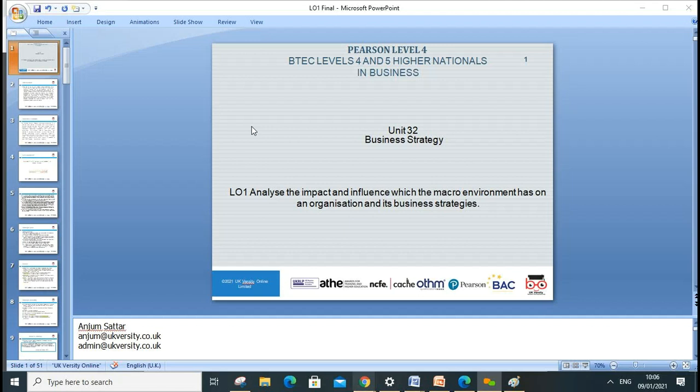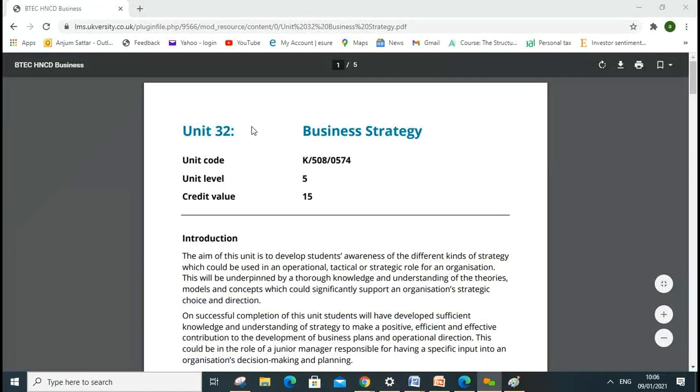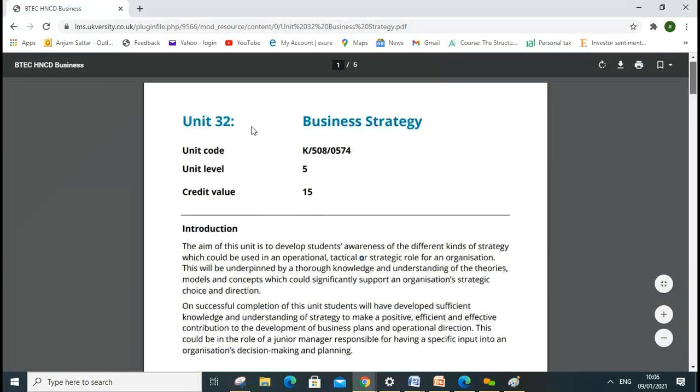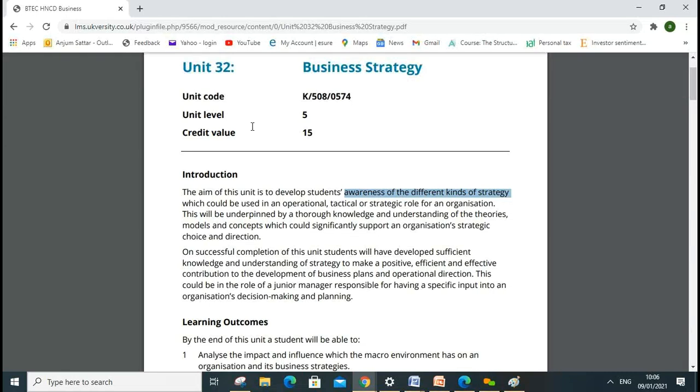If we look at the content of this unit, the aim of this unit is to develop student awareness of different kinds of strategies. We will go through different kinds of strategy. You may want to focus on cost leadership, or you may want differentiation. All these strategies we will go through. Those can be operational.